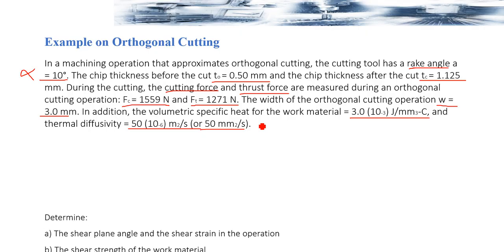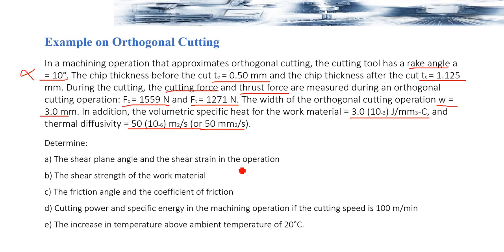So let's see what's required in this question. The shear plane angle, phi, and the shear strain, gamma. The shear strength of the work material, tau S. And we need to find the friction angle, beta, and the coefficient of friction, mu.